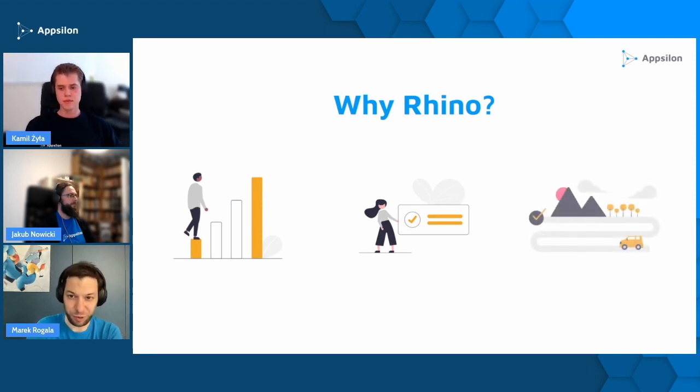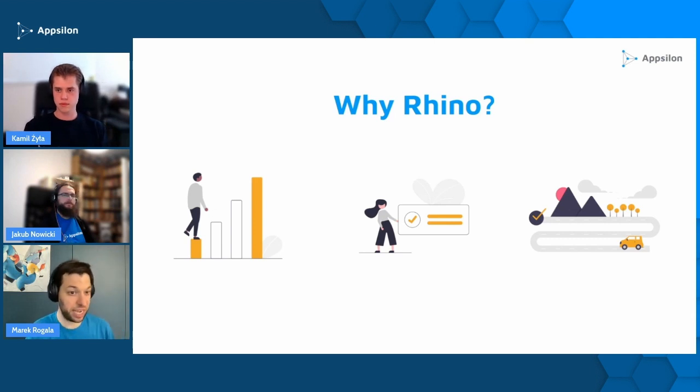And you may want to try Rhino, especially if you prefer to follow an opinionated framework built based on years of experience and only change some parts as needed, rather than build your own approach to all of the issues from scratch. So in short, Rhino makes your life as a developer of Shiny applications easier.